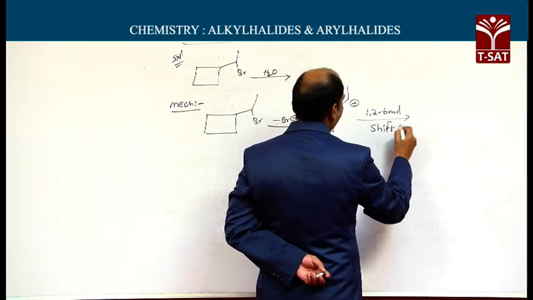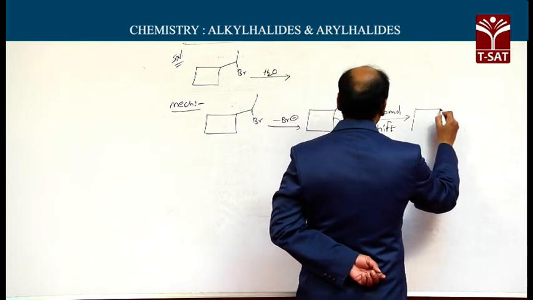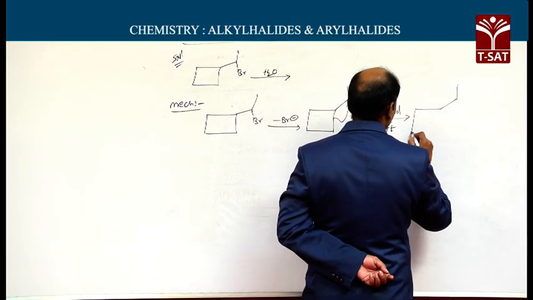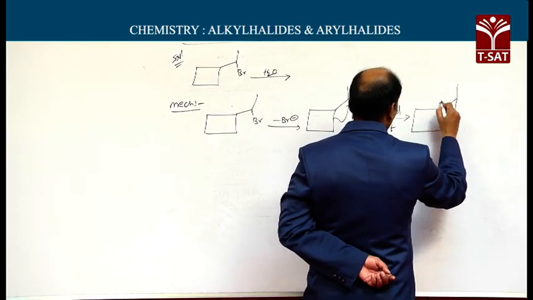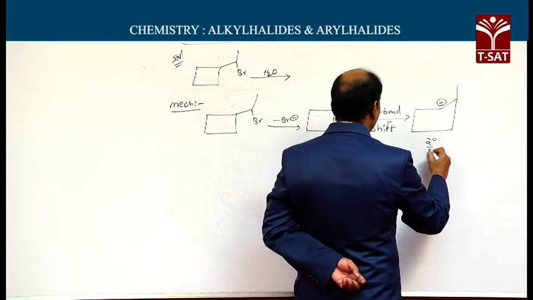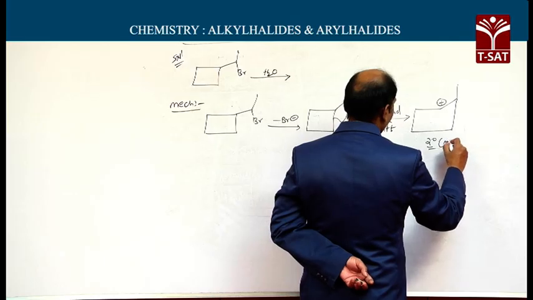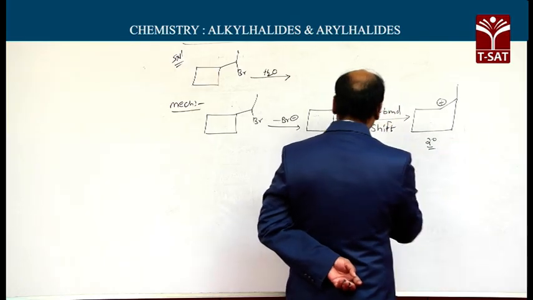Here this bond is shifted from this carbon to this carbon, and here this is a secondary carbocation. This is also a secondary carbocation. When compared to this one, this is more stable. Why?